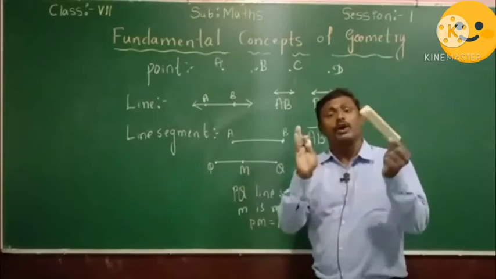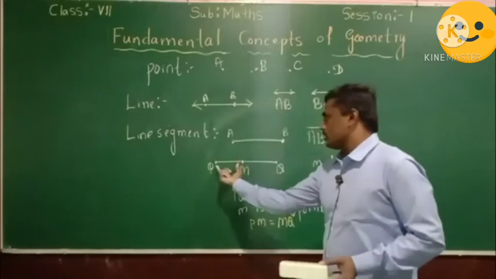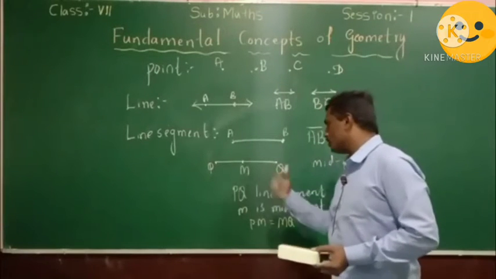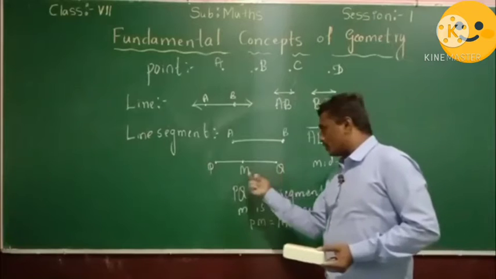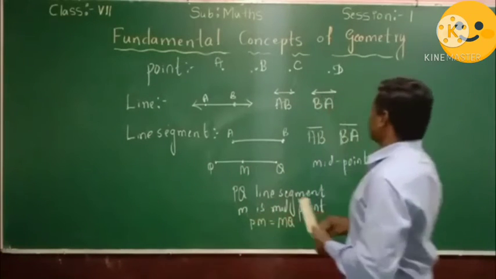It divides the whole line segment into two equal parts. Here PM is equal to QM or MQ. Clear?